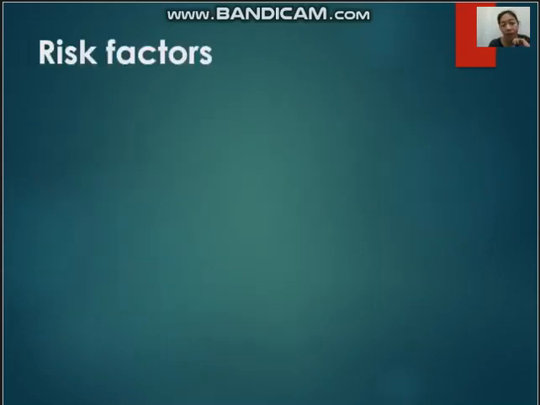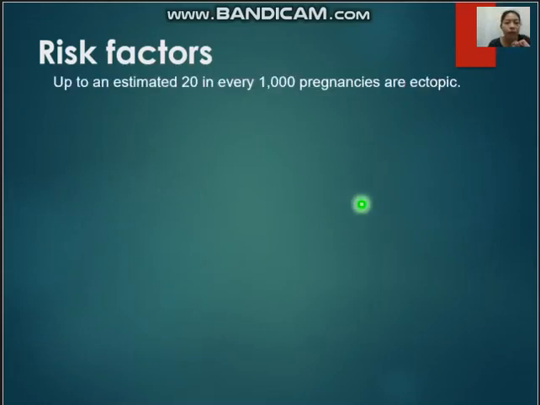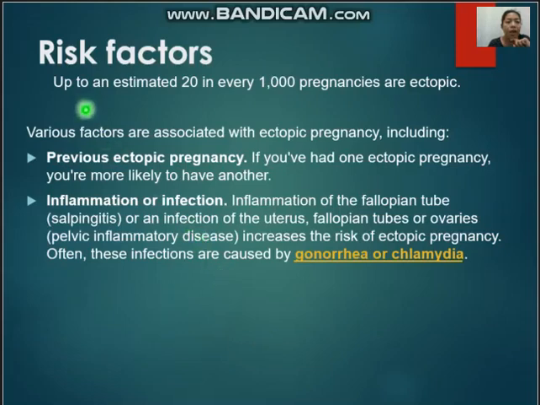So, who are at risk for ectopic pregnancy? Now, according to studies, an estimated 20 in every 1,000 pregnancies are ectopic. Various factors are associated with ectopic pregnancy, including the following. Previous ectopic pregnancy.